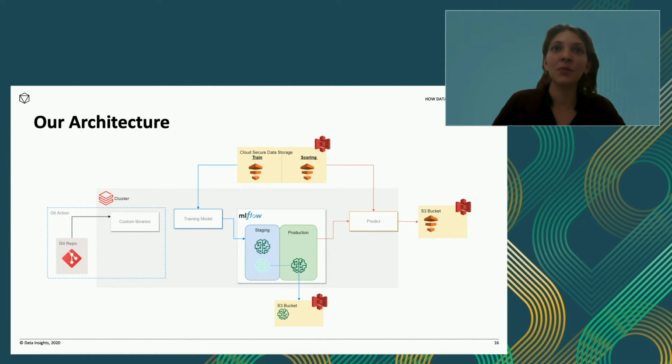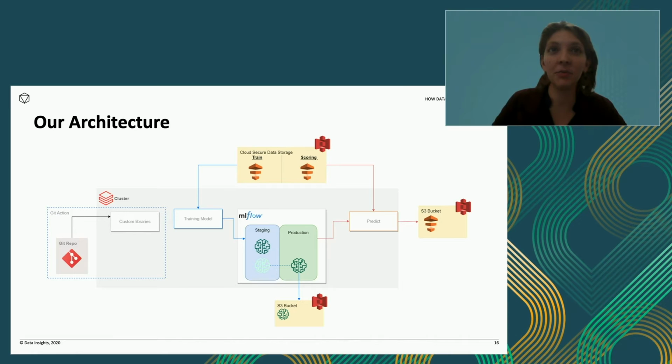Also here, I try to really give an idea which architecture we decided to use, and I would like you to focus on the 4 big categories, or the 4 big technologies that are playing a role here. It's the Git repo, so we have Git that takes care of our custom library and takes care of uploading this to the cluster.